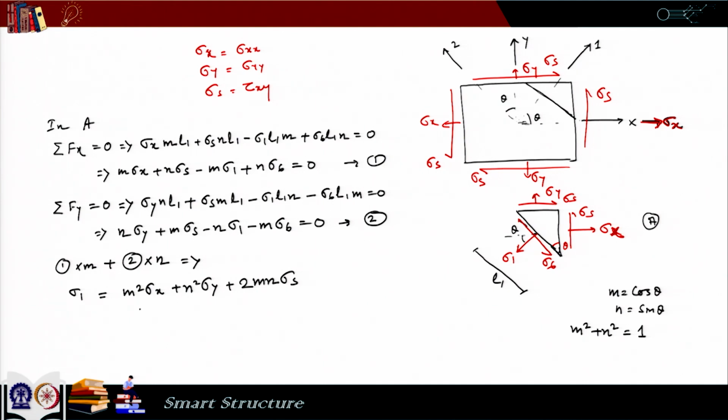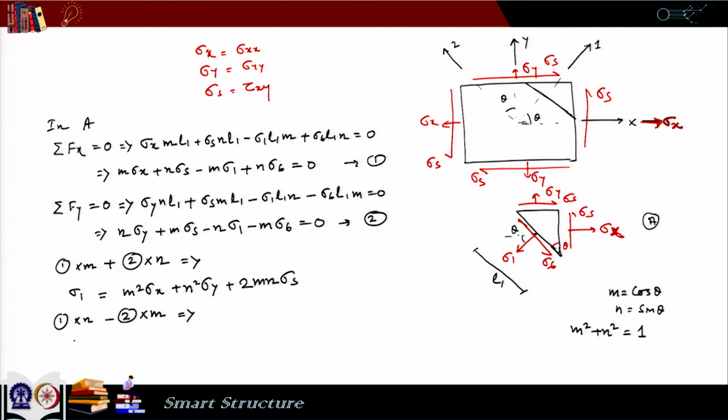Now, our job is to get sigma 6, and to get sigma 6 we can multiply equation 1 by n and equation 2 by m and subtract.